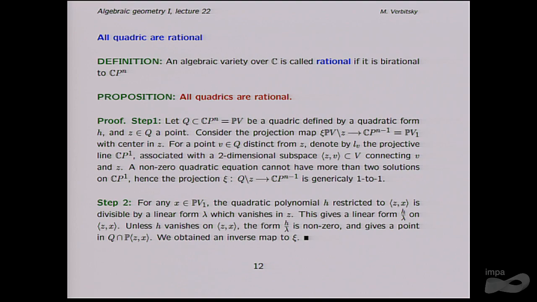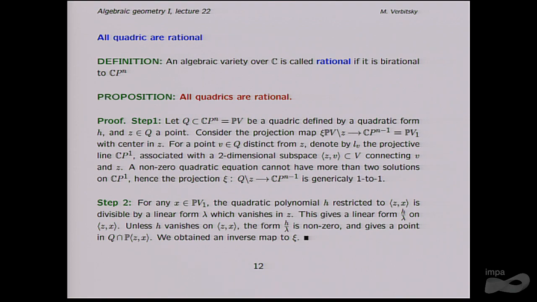Let me define a rational variety first. Definition: an algebraic variety X is called rational if X is birational to CP^n. So the first trivial example is C^n, birational to CP^n.